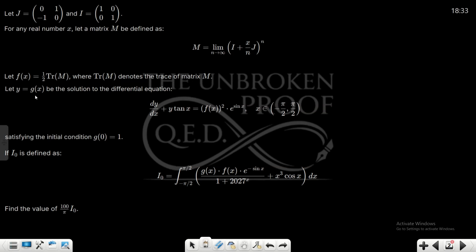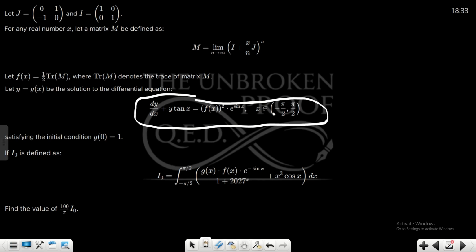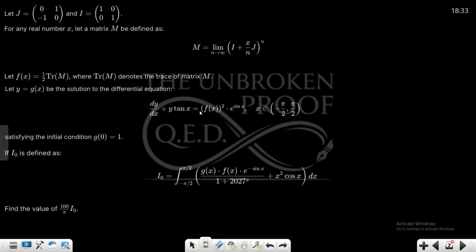Let y equal g of x be the solution to the differential equation they have given here, where x belongs to minus pi by 2 to pi by 2, and it satisfies the initial condition g of 0 is 1. If I naught is defined as this big equation, they are asking you to find out 100 by pi I naught.